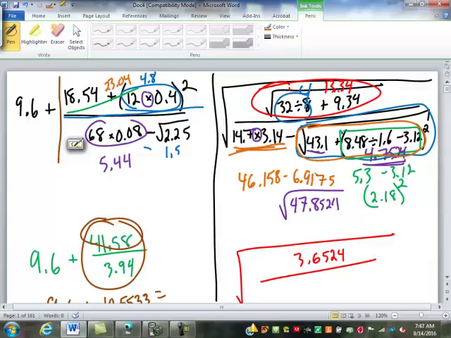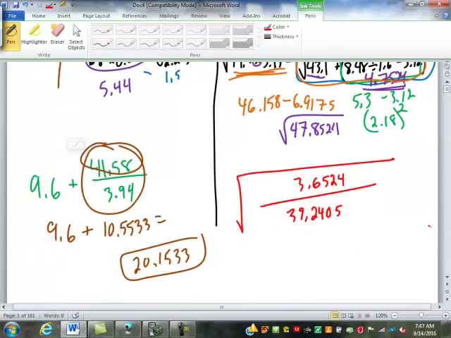Yeah, well, we're going to take it out for a few extra digits just so we don't lose information. And so we're going to take the 46.158 minus 6.9175, which is going to give us 39.2405. So now we're down to this.